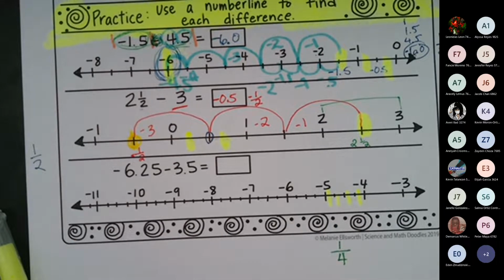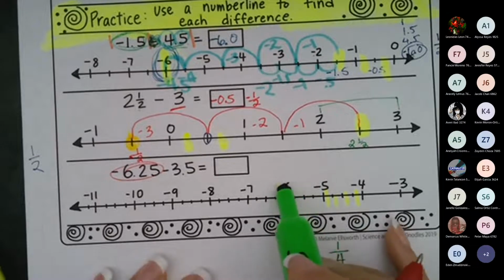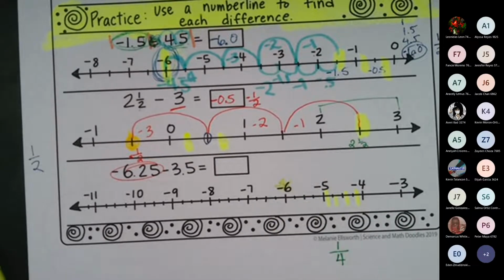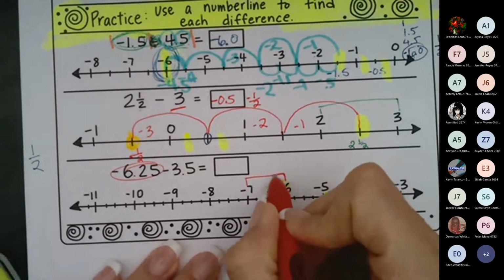So my first starting point, I'm going to start here at negative 6.25. So that means I need to find my negative 6.25. I can see that I will need to be in between -7 and -6.